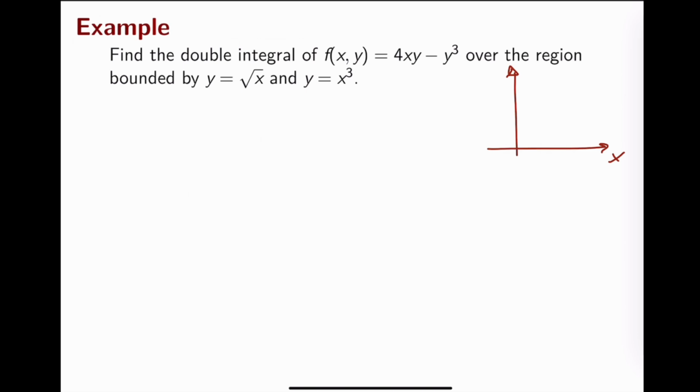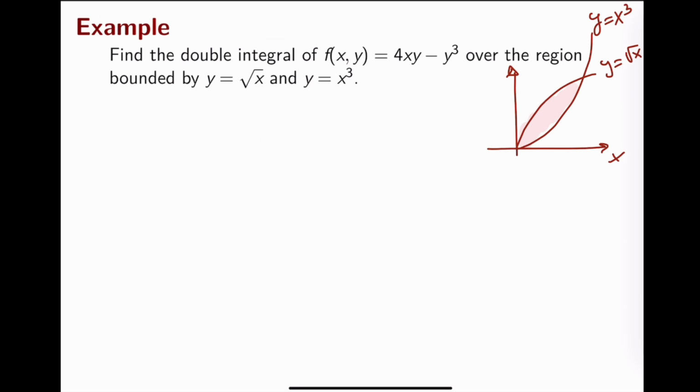One is y equals square root of x, a function that looks like this, and the other one is y equals x cubed. And so this is the region over which we want to calculate the integral.